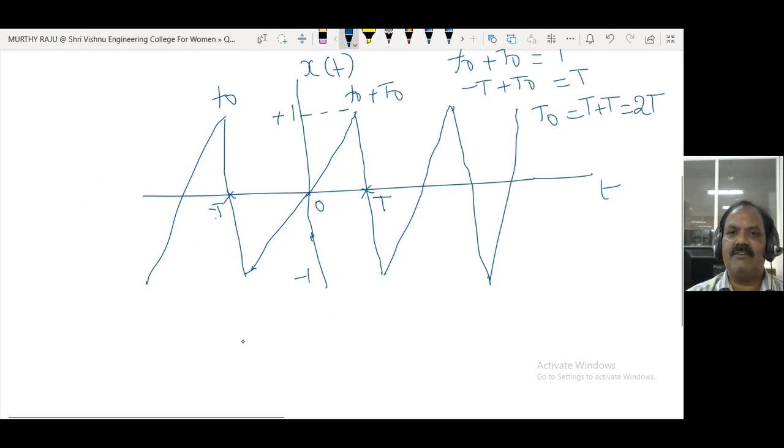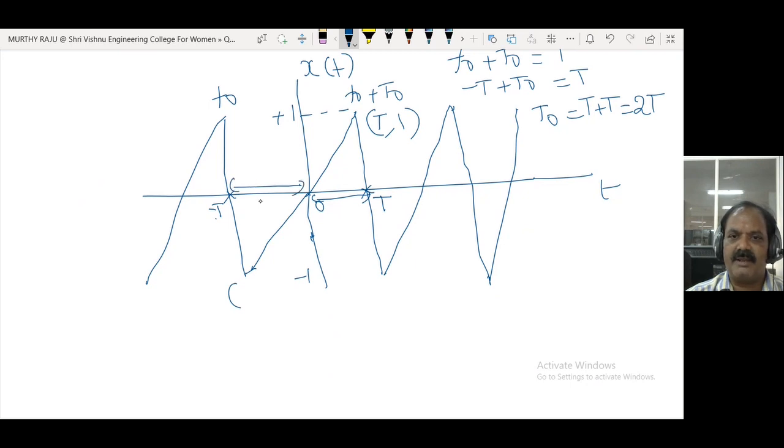Find out the equation in the interval. These are the coordinates. From this point to this point, the x-axis coordinate value is T and the y-axis coordinate value is 1.